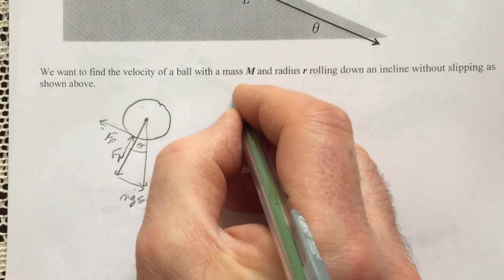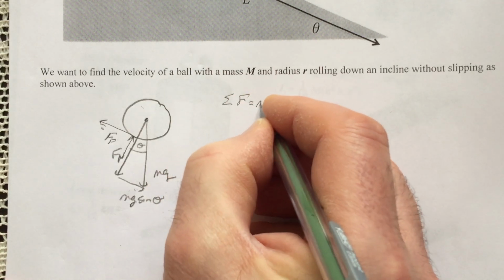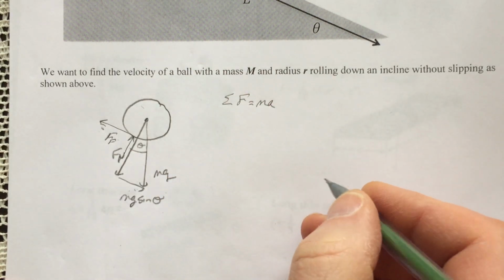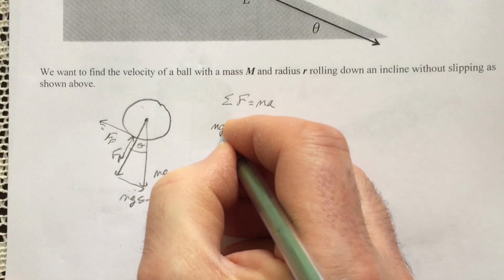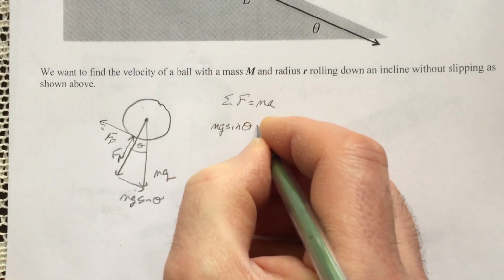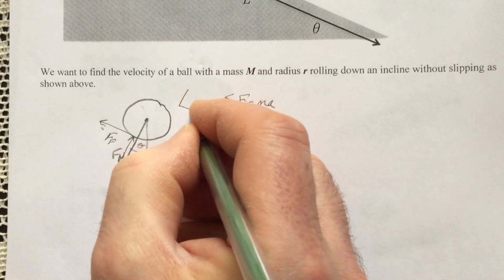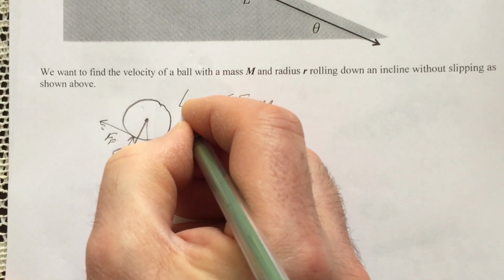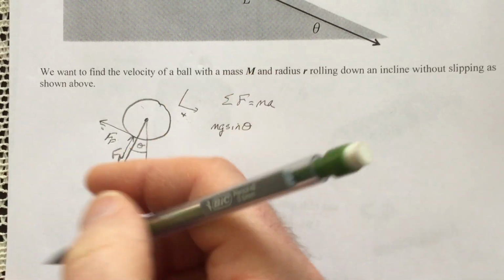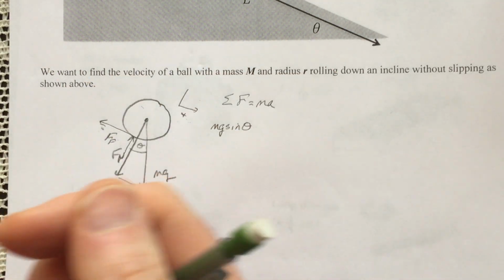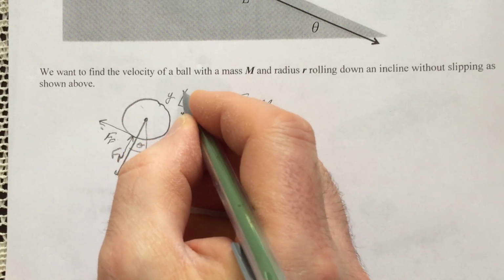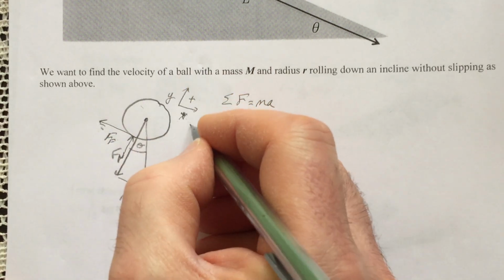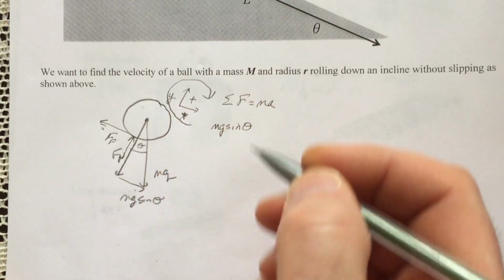So, sum of the forces equals mass times acceleration. Now let's set our directions for positive. There's my x, there's my y. And this thing's going to rotate like this, so I'm going to consider that direction positive.